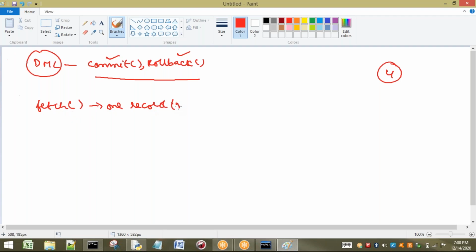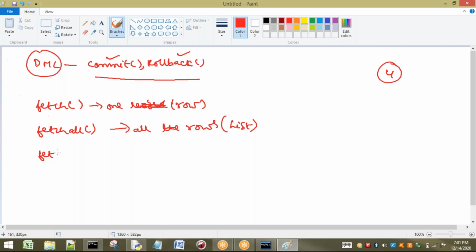Next, fetch all means it is going to fetch all the rows. As it is going to return all the rows, it is going to return them in the form of a list.